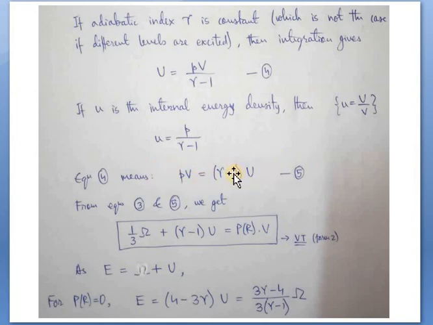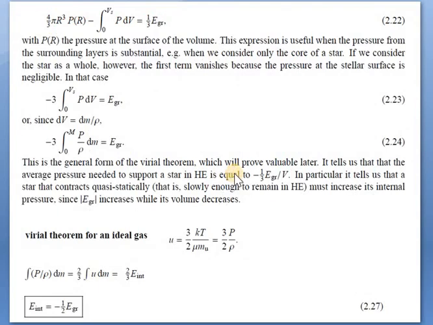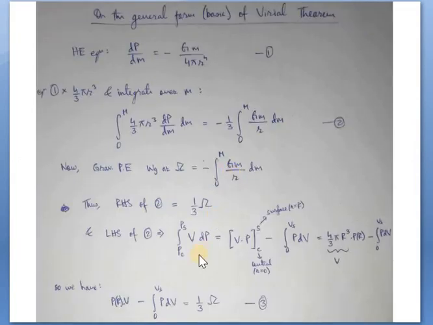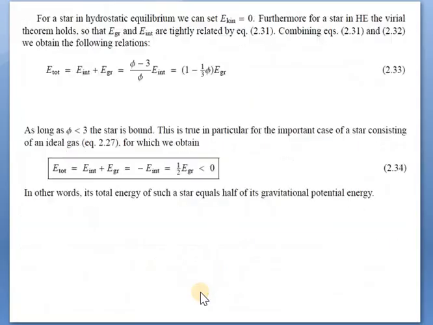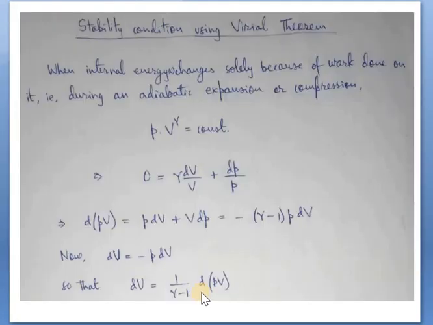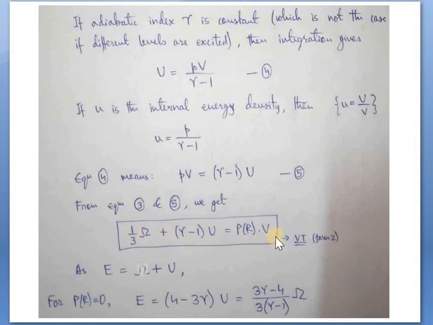Now if we use our previous equation 3, what was that equation? This equation. Okay, if we use this equation 3 along with this equation 5, then we get this form. This is the second form of the virial theorem, you can say. Now using the form that the total energy is equal to omega plus u, then considering PR is equal to 0, we get the total energy in this form.